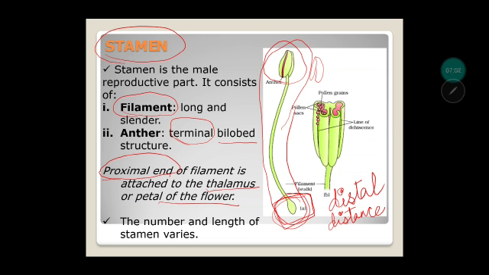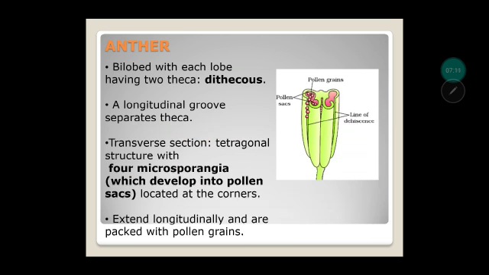It is not fixed. Here in the other diagram you can see a proper section of the anther, which we will discuss in the next slide. So the anther is a bilobed structure which has two theca. Theca are the protective layers. You can see over here, this is a section of the anther.